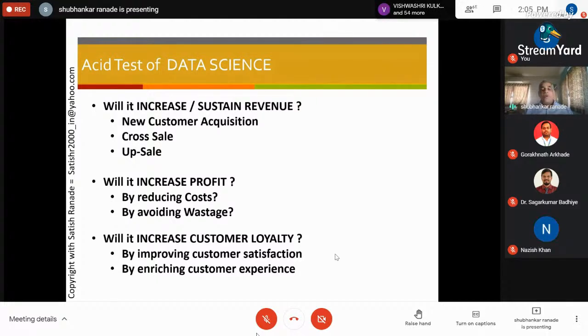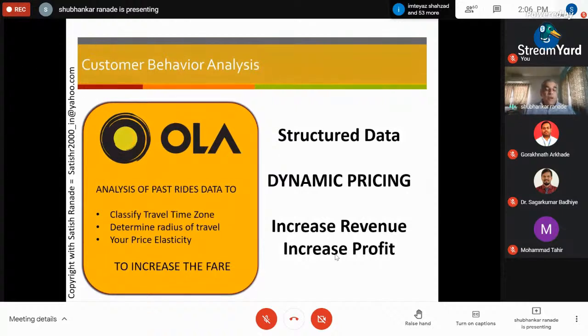And whenever we now talk about the applications, we will touch upon these topics as to how data science is being used by various organizations, enterprises, to ensure that they get either one, two, or all three benefits from their data science journey. So let me take the most popular example of a cab ride, Ola.